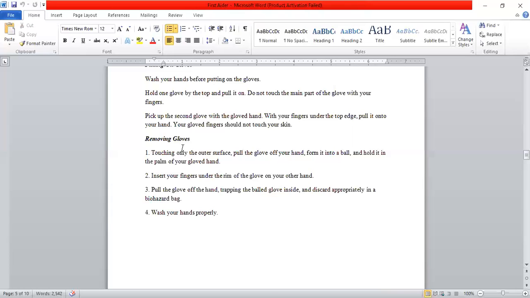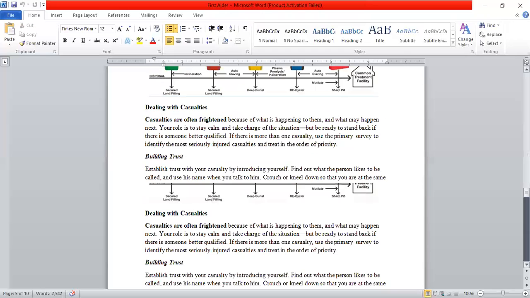And then removing the glove, this is the key part. How do you remove the gloves, especially the soiled ones, which have come into contact with the blood of a person or any other body fluid? I believe there are some diagrams here which can help us understand better.